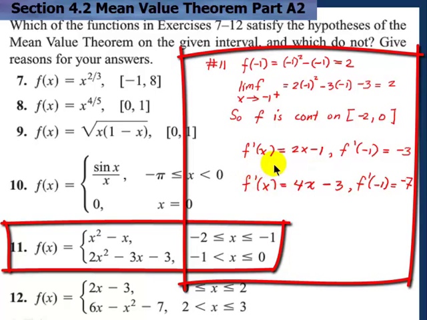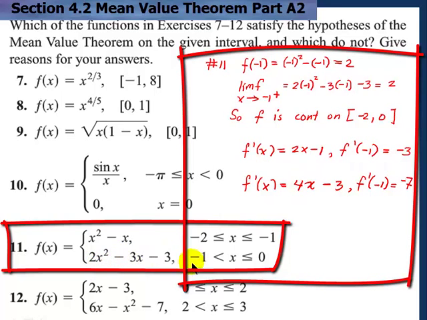Now the next thing we do is take the derivative of f of x for these two pieces. The derivative f prime of x from -2 to -1 is 2x minus 1. Then we substitute -1, and we see that it's equal to -3.